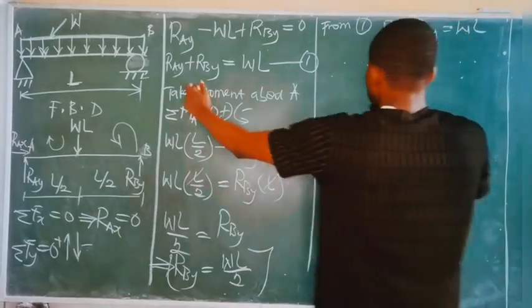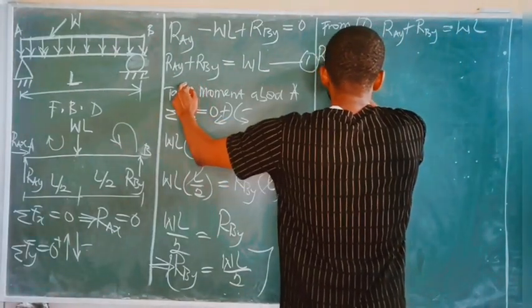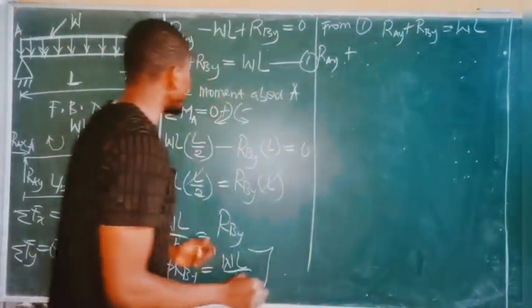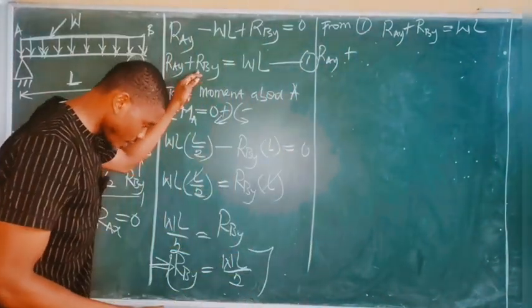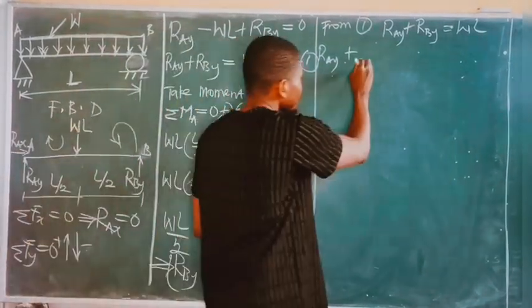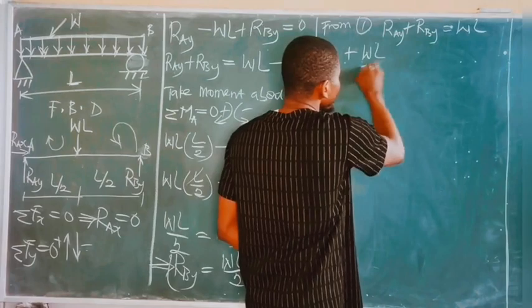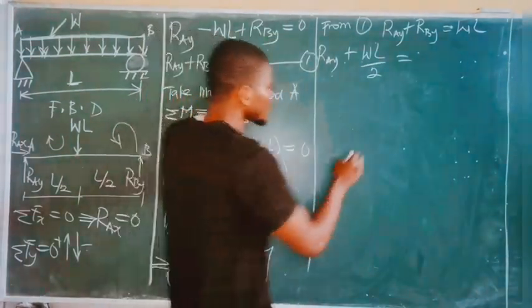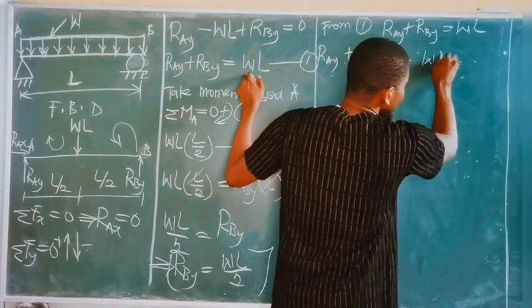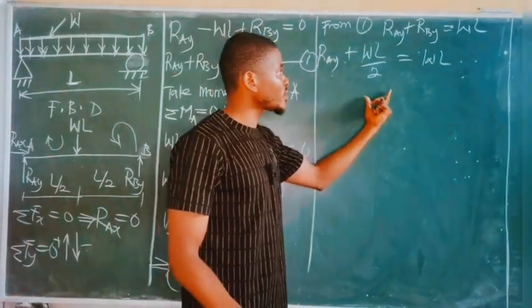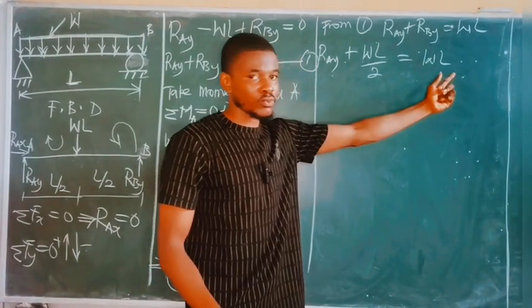So we now have RAY plus, in place of RBY, we've already obtained the value of RBY to be simply WL all over 2. So putting that value there, plus WL all over 2 is now equal to simply WL. So to make RAY subject, we'll have to simply send WL over 2 over to this side of the equation.